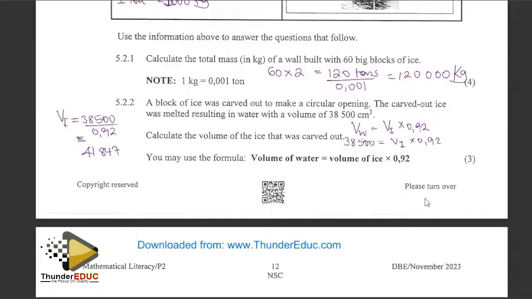They say round up to the nearest, 41,847,83 centimeters cubed.